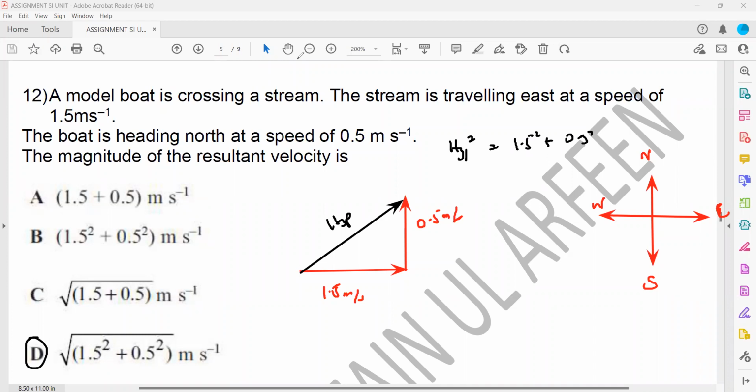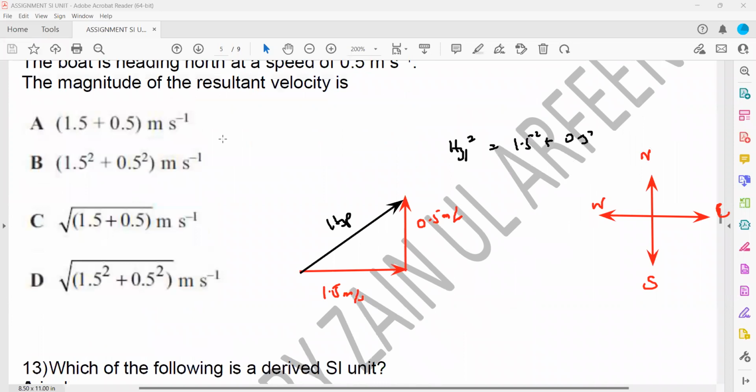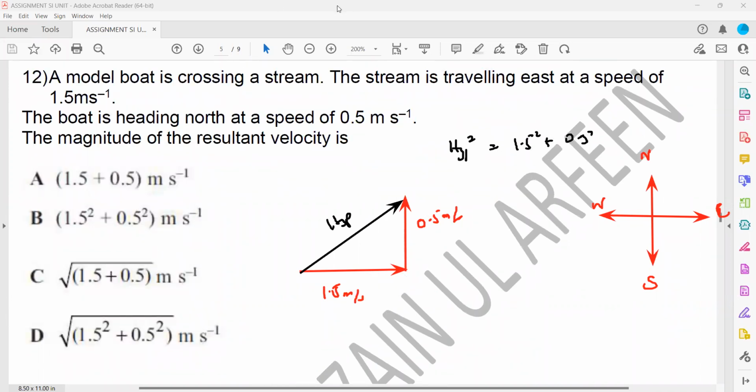And in the next part, we normally need the angle. So if they ask for the angle with the horizontal, what will you do? How to work out the angle? We have the perpendicular and we have the base. So we'll use the trigonometric ratio: tangent theta equals perpendicular divided by base.